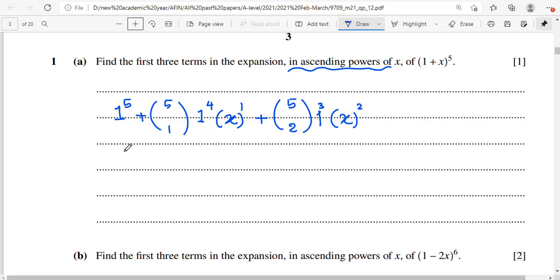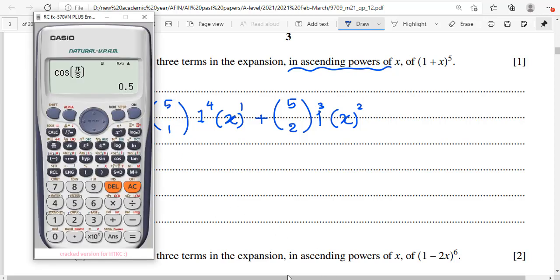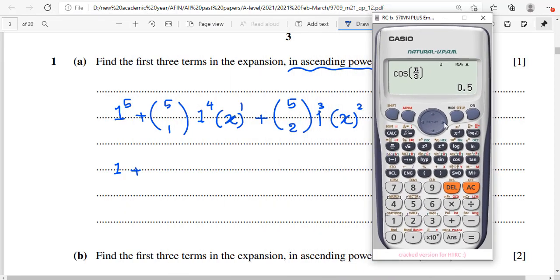Now let's expand this. 1 power 5 is equal to 1 plus combination from 5 to 1. We can do this on calculator. In the calculator you need to press shift and division to get the C. So we write the first number 5, then shift division 1.